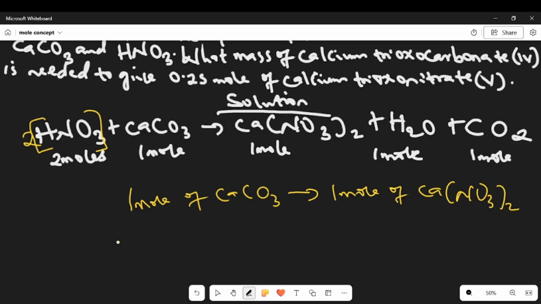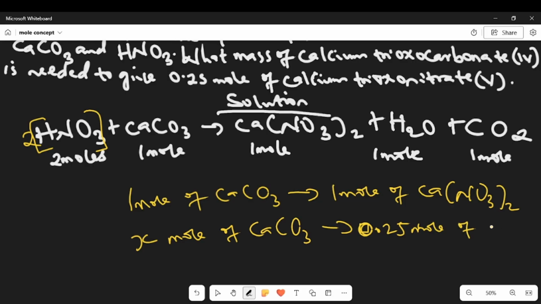So let the mole of calcium trioxocarbonate 4 that will produce 0.25 mole of calcium trioxonitrate 5 be X. So let's say X mole of CaCO3 gives 0.25 mole of Ca(NO3)2.